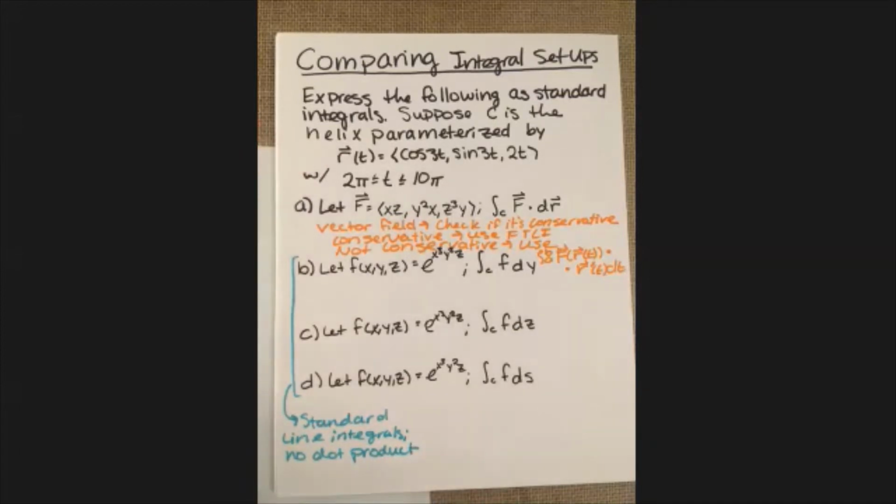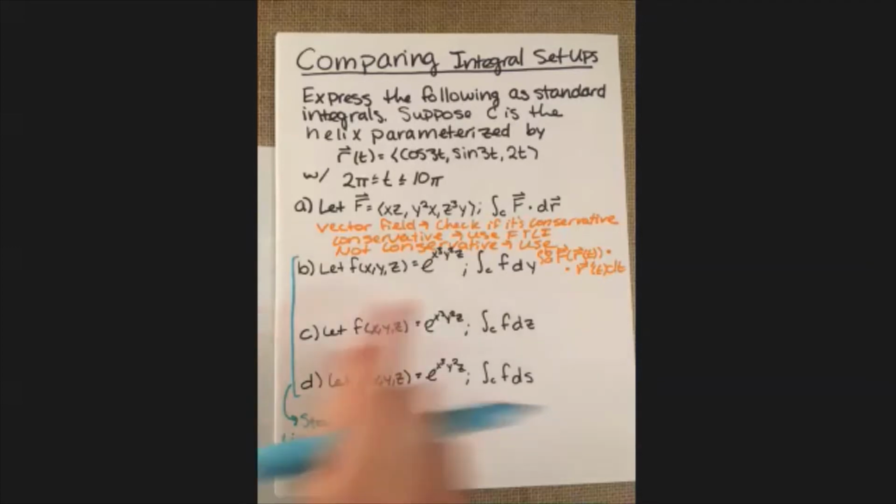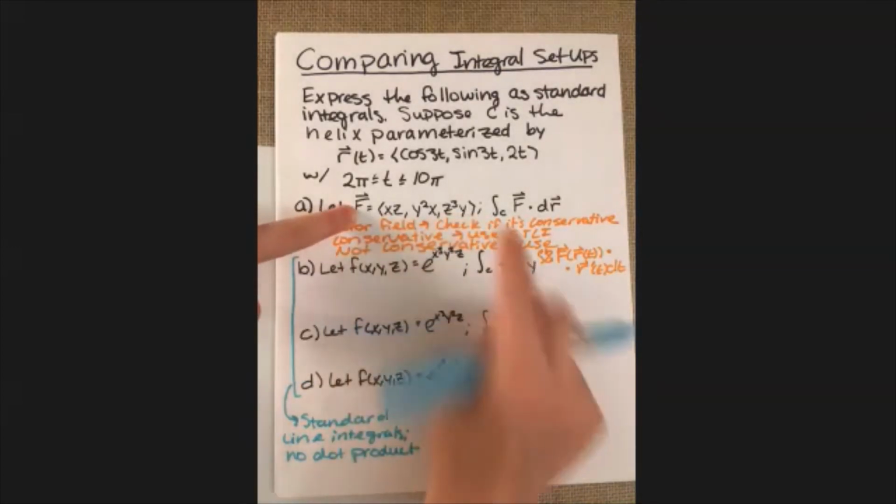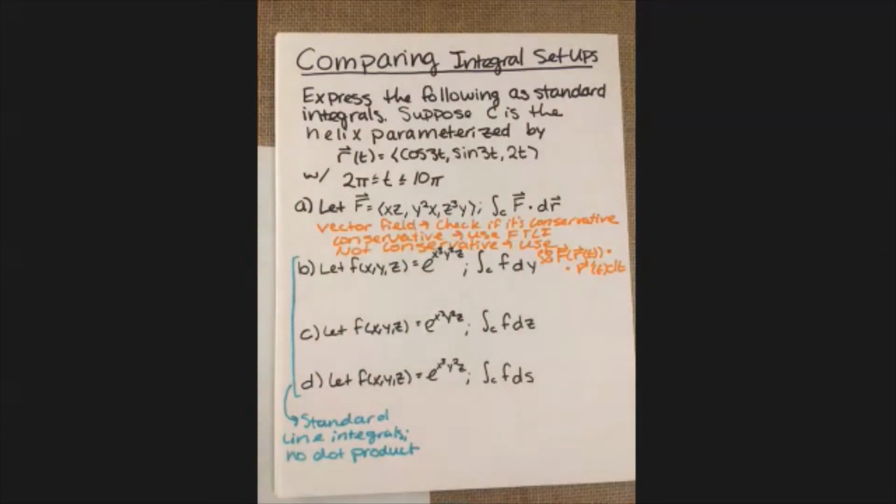Okay, so that's the big thing to note, is that there is no dot product. Everything that you're working with in the resulting formula is strictly a number. Your function here, after you've plugged everything in, is a number, not a vector like this right here. And what you get in the resulting formulas for evaluating these are also numbers. So let's take a look at these a little bit more closely.